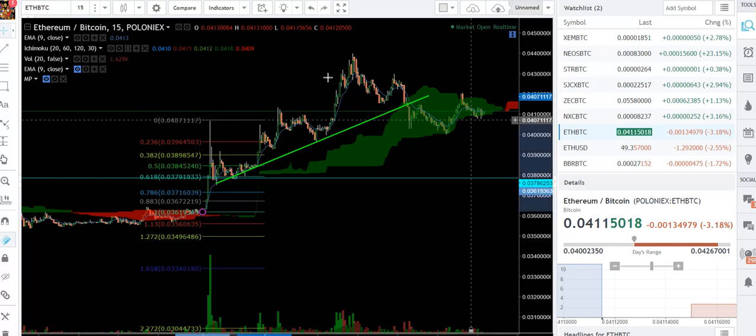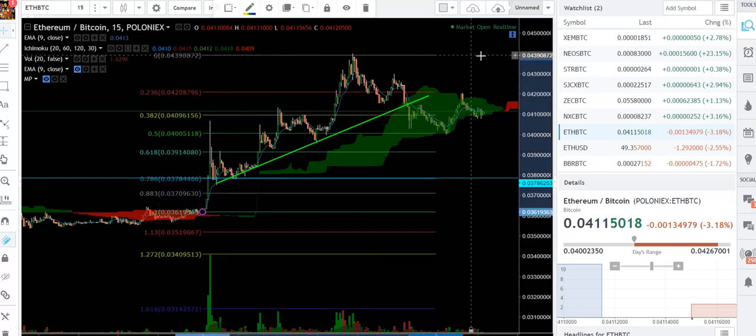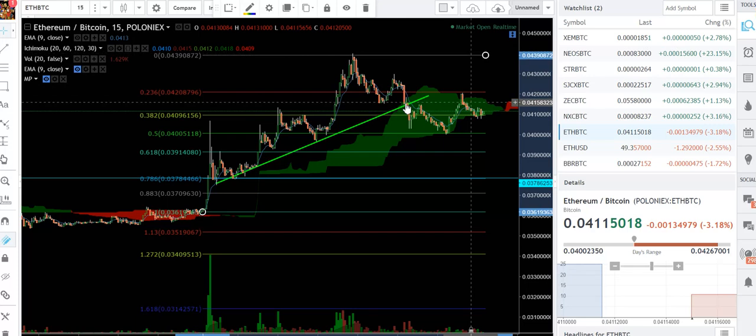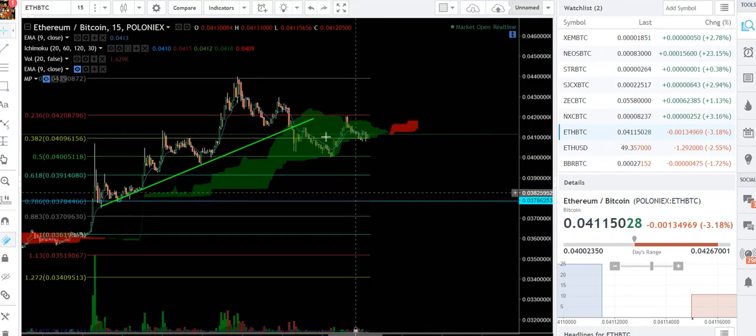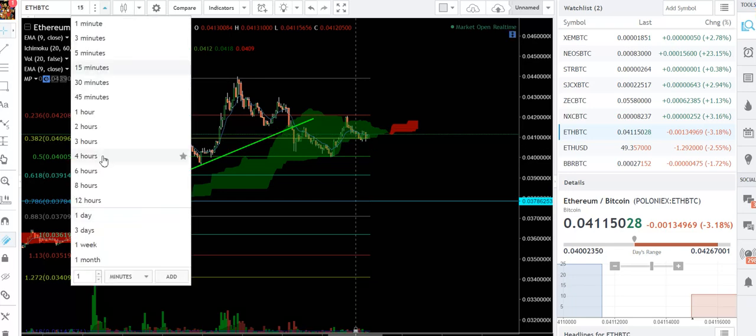From where we started there to where we went to the top right here gives us an idea of where this entire thing from start to finish could retrace to since we broke this trend line. And where did it retrace back down to? The 50% mark of the entire move. Now, we're still chopping around in this 15-minute cloud, so now let's look at this thing on the hourly again.